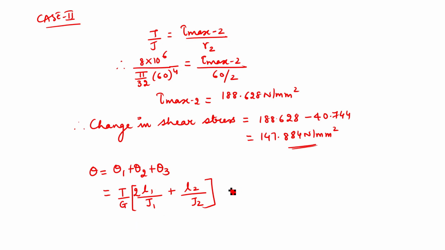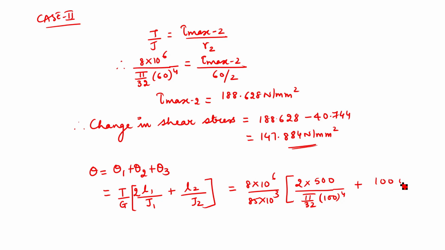When I solve this, I get 8 into 10 raised to 6, G is 85 into 10 raised to 3. Next I'll have 2 into 500 upon pi by 32, 100 raised to 4, plus for the central portion, the length is 1000 upon pi by 32, diameter is 60.